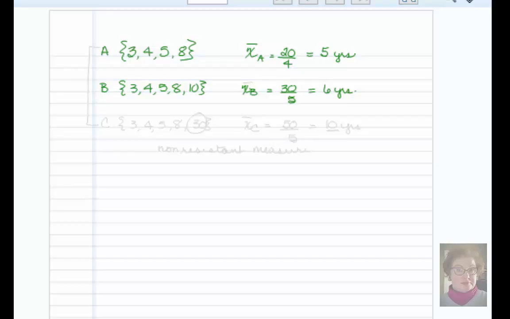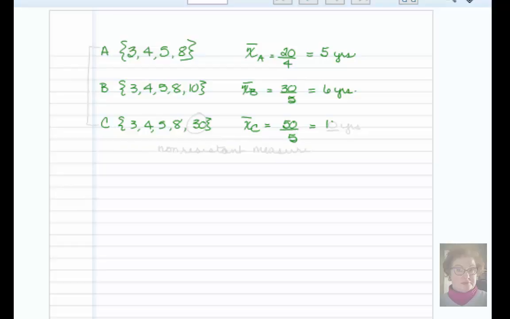But let's say the 10-year-old goes away, and we have a 30-year-old come in. So now the mean of set C is going to be 20 plus 30 is 50 divided by 5.